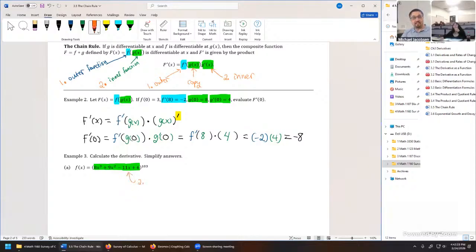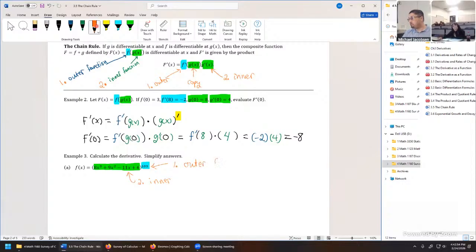We do that derivative second, so I write 2 inner, just as a bit of bookkeeping, getting started on this process. And it's weird because I'm starting with 2. I'm not starting with the thing I do first, but that's because usually the inner function is the easiest one to spot. It's inside of something else. There's another function, the power 103 function. That's the derivative we handle first, the outer one.